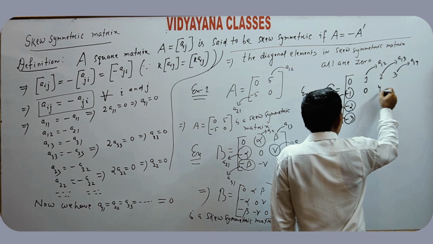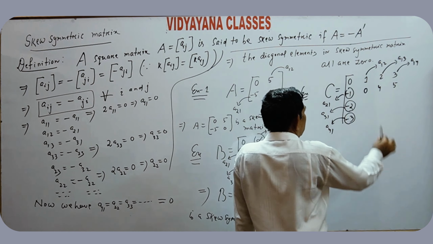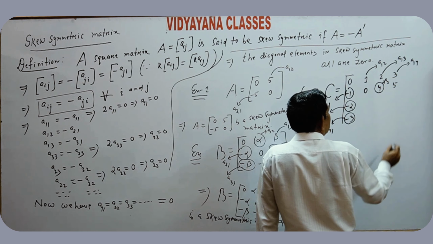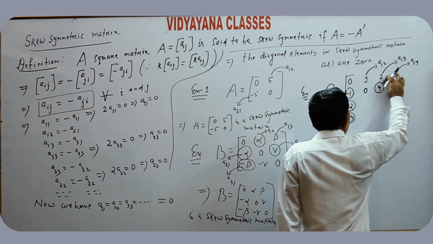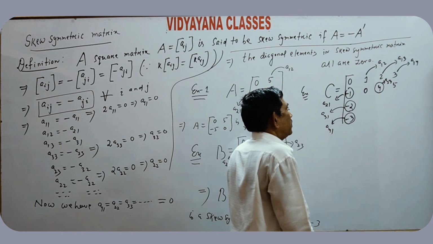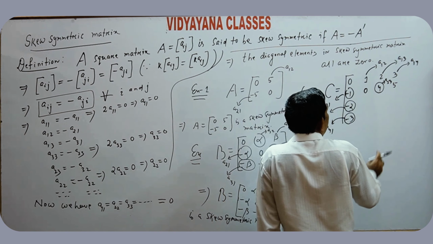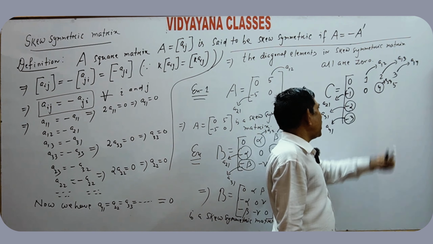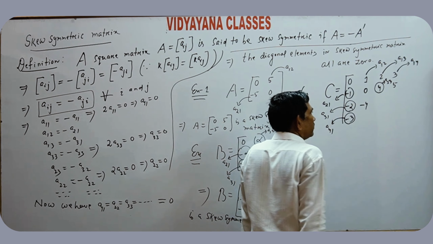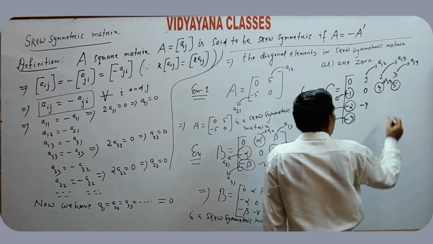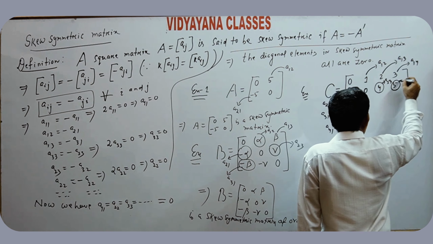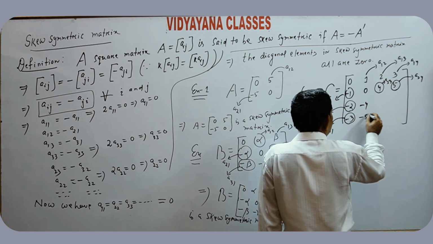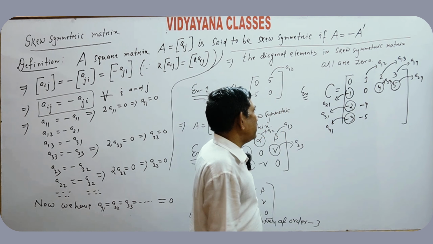Suppose it is 4, it is 5. 4 is the element of second row and third column, and minus 4 is the element of third row and second column. 5 is the element of second row, fourth column, and minus 5 is the element of fourth row and second column.